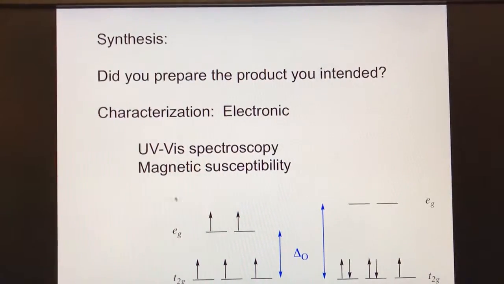So with UV-Vis, you can interrogate the magnitude of delta, and with magnetic susceptibility, you can then go on from there and infer whether or not you have a high spin complex or a low spin complex. And of course, you can tie that in with the magnitude of delta.